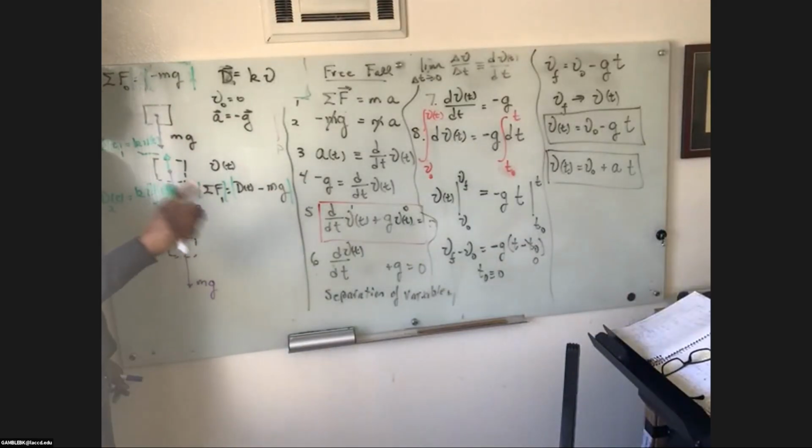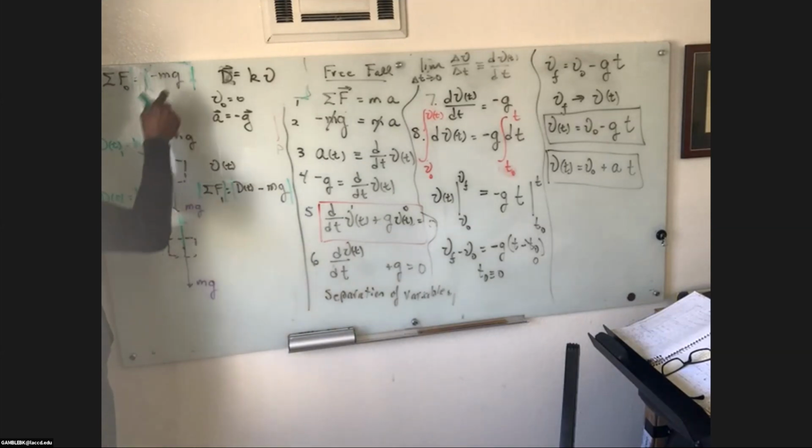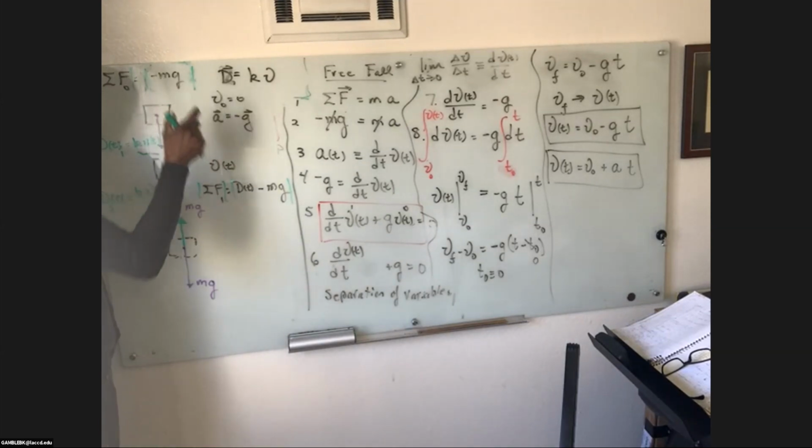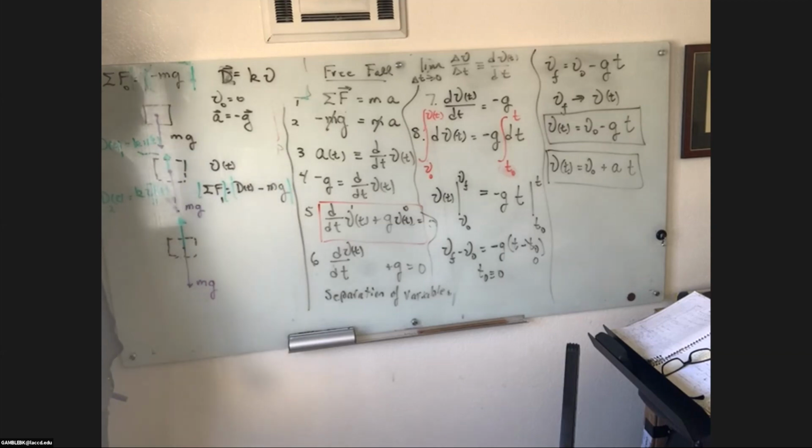Do you agree with what Abdul said, that here the net force is greater in magnitude than it is here? At the top one, it's the absolute value of negative mg.